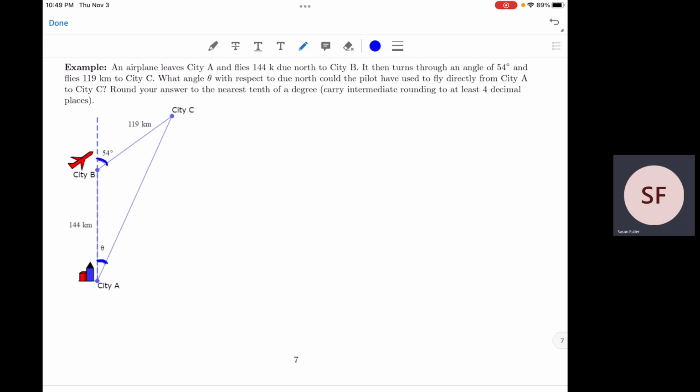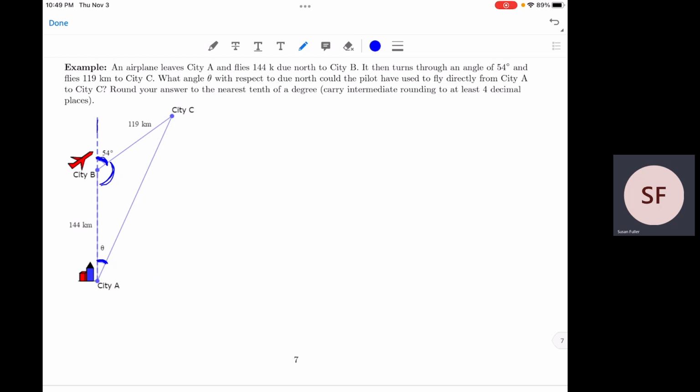I have 2 sides of my triangle, and that's it. So I'm going to need a little bit more information about my triangle before I can start trying to solve this. So something that I notice here is we are given this angle here, that 54 degrees. That does tell us something about this angle of our triangle here.